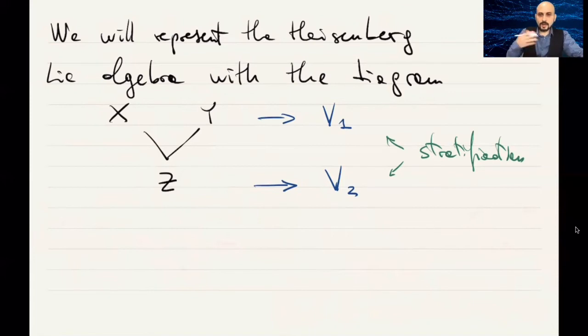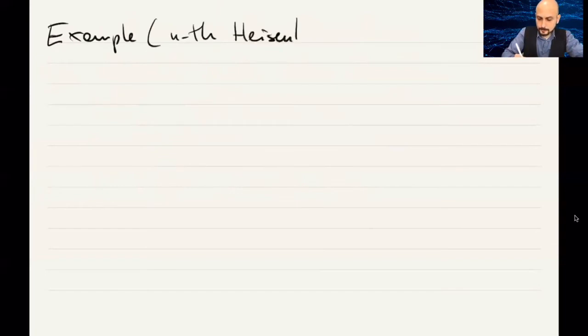Let me give you a generalization of the Heisenberg group, which is called the nth Heisenberg group. This is another, more general example. I will now present it a little bit differently, as a group of matrices.